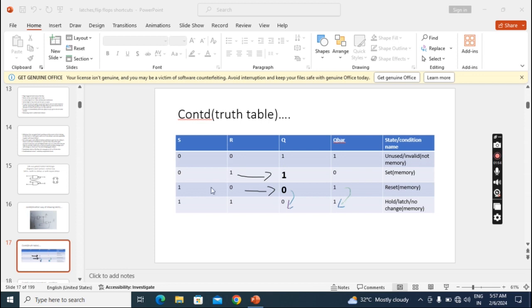Then if I change to another combination 1 0, the circuit becomes reset. So the point is, here we cannot apply 1 1 initially, but we can apply any of the other three combinations. If you apply 0 0, it will go to the invalid state. To make it useful, you have to change any one of the inputs.